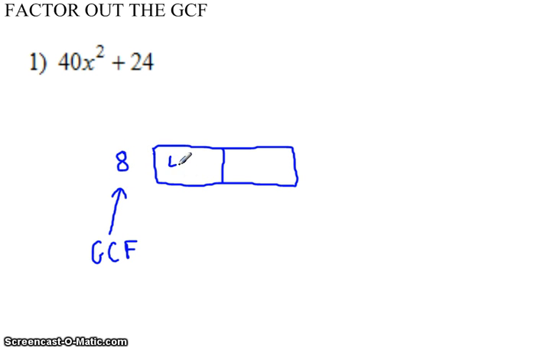And in here, I'm going to write just the problem back over, because I got to figure out what goes into this. So I've got 8. 8 times what is going to give me 40x squared? Well, 8 times 5 will give me 40, and then I need the x squared there. And this like automatically checks. So 8 times 5 is 40, and then x squared.